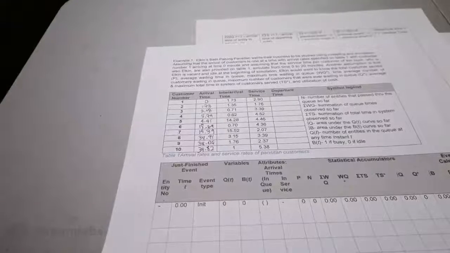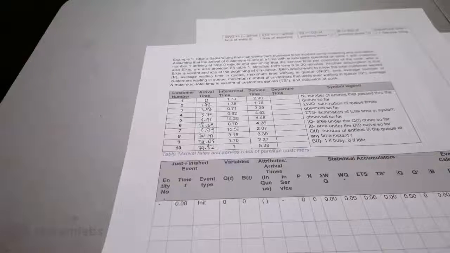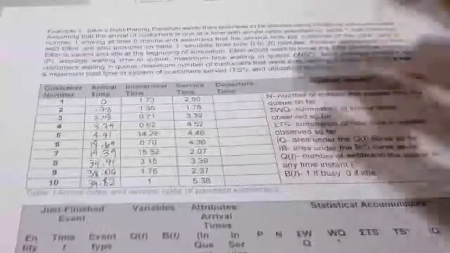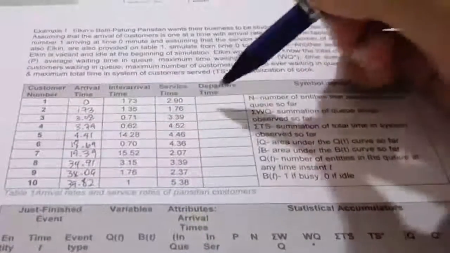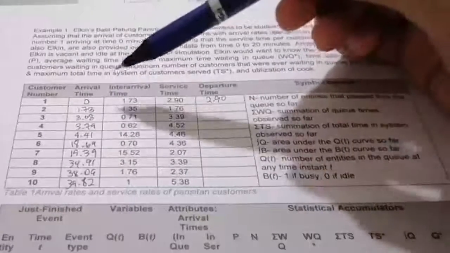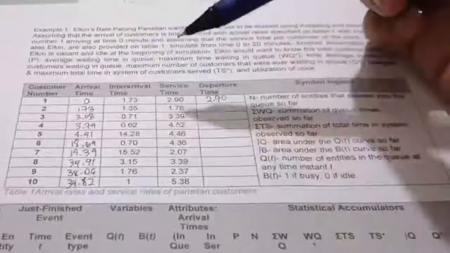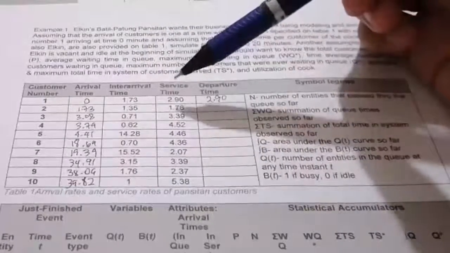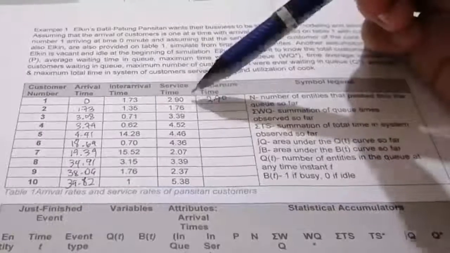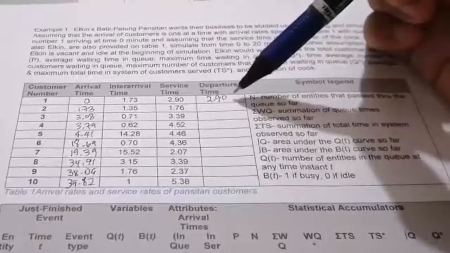After getting the arrival times of our customers, we should identify the first departure time first. Okay? So the first departure time is 2.90 because at the beginning of the simulation, the first customer did not wait in the queue. He went directly to the server, and with a service time of 2.90, he or she departed at time 2.90.